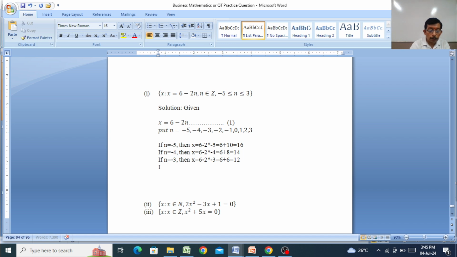If n is equal to -2, then x is equal to 6 minus 2 multiply -2 is equal to 6 plus 4, then the value is 10.